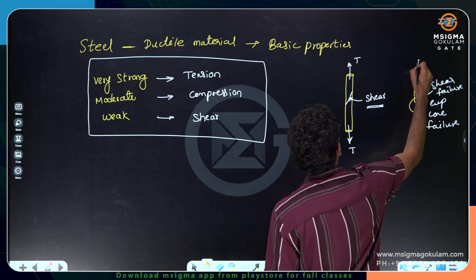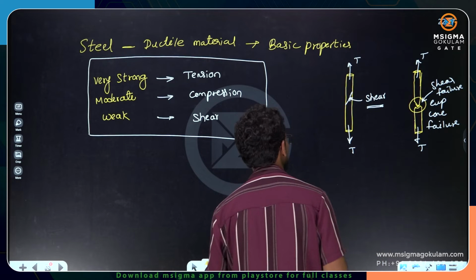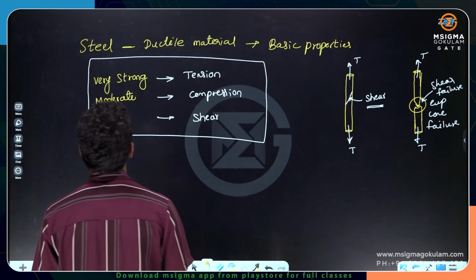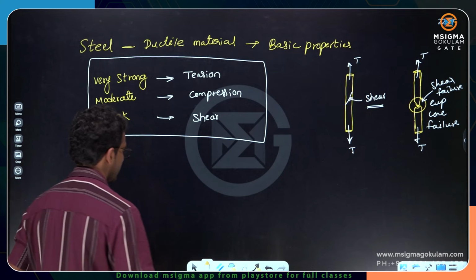Even though the applied force is tensile force, it failed by shear. So that is what you have to understand. Steel is very weak in shear, so shear failure is the most dangerous failure for steel.